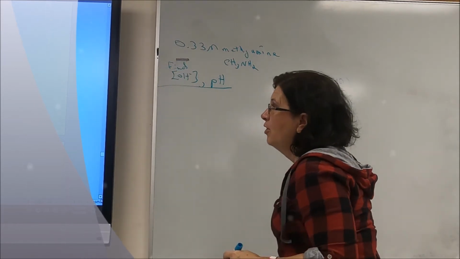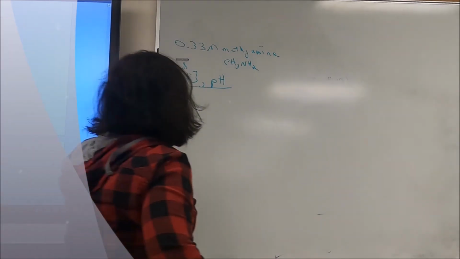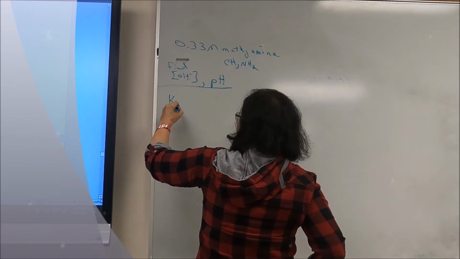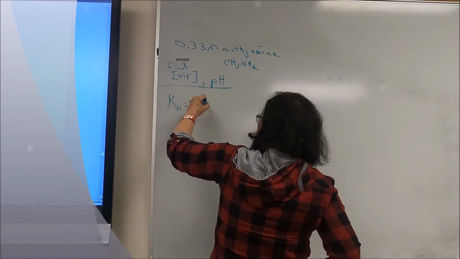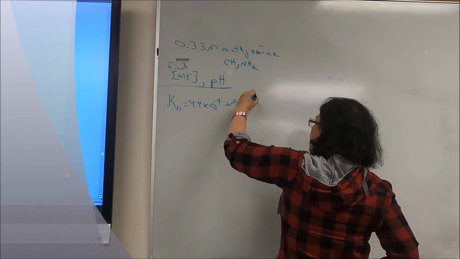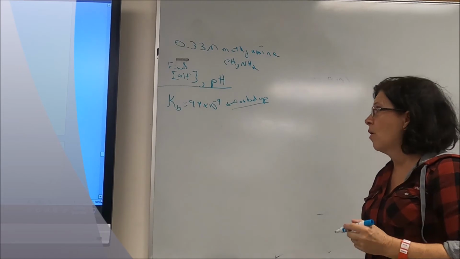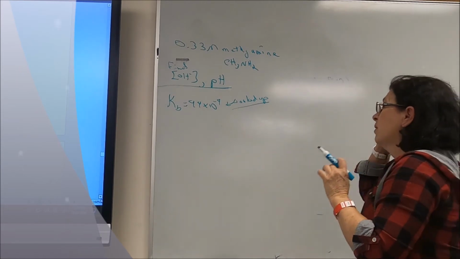Now, methylamine is one of those that's found in the chart in your book. Methylamine has a Kb of 4.4 times 10 to the minus 4. On an exam, of course, that would be given to you, or I'd be giving you a table.